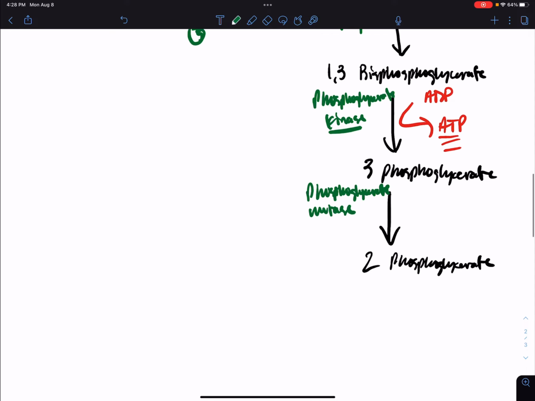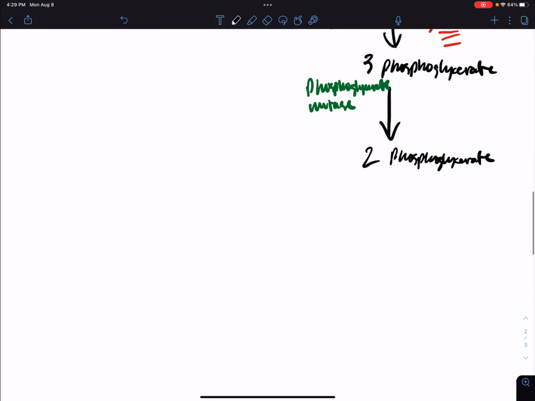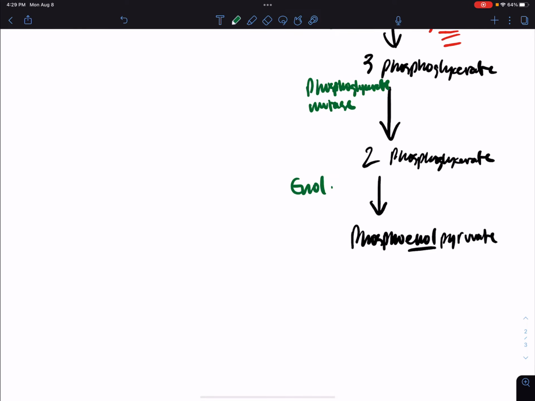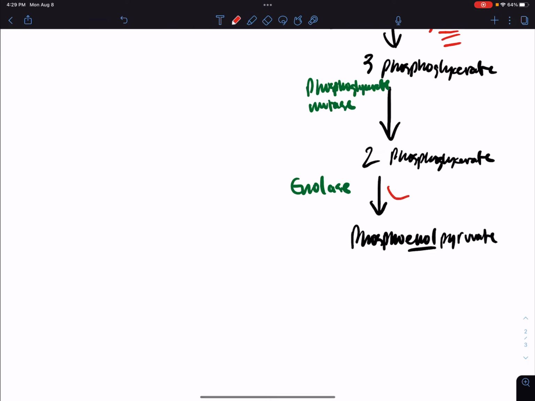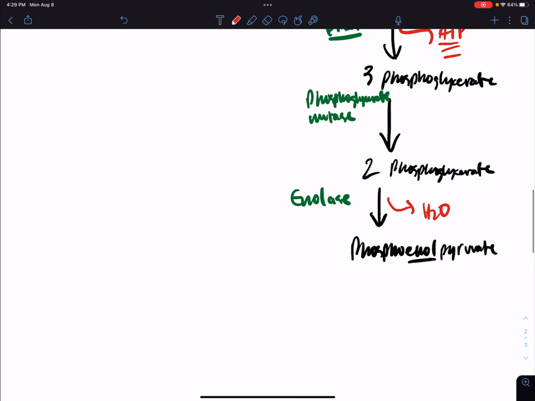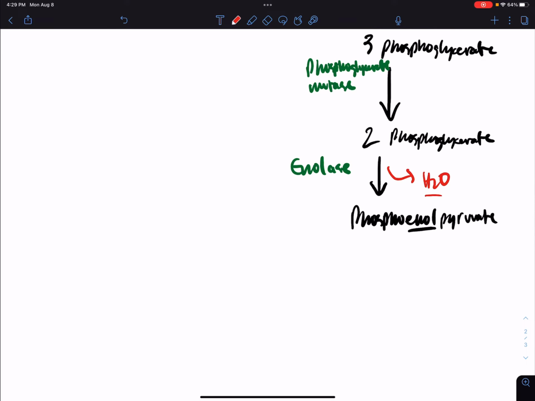And there are no cofactors present here. From 2-phosphoglycerate, we're moving down to phosphoenol pyruvate. Make note of that enol there. The enzyme we're using is called enolase. And we are ejecting water here. Again, this is multiplied by 2, so we've got 2 water molecules coming out, which is accounted for in that net equation.